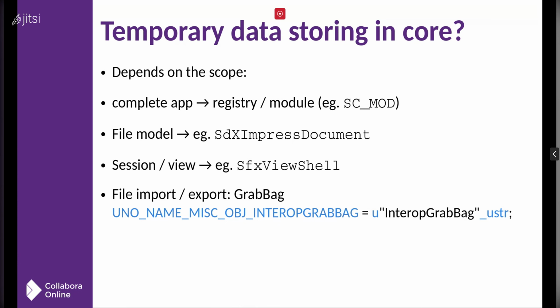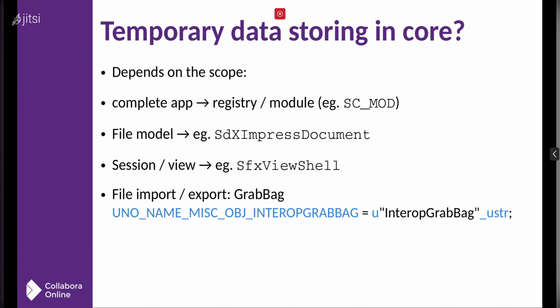Then we can save that in, for example, a register if it's some setting which already exists, or maybe in the module, like we have this SC mod class, or maybe that's probably the function which returns the pointer, but there is some class for the module for Calc, and we can probably save something there.